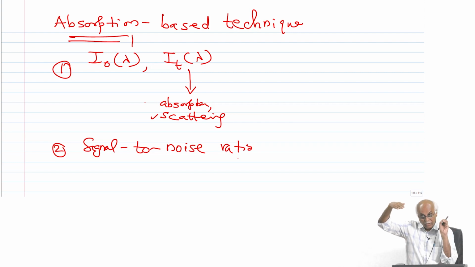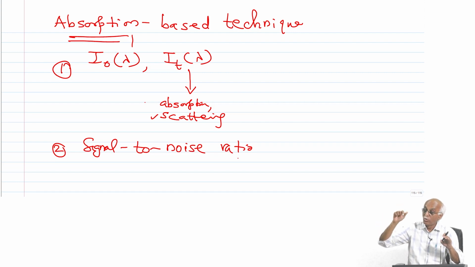Now, if there are a few molecules which are going to absorb this light by a small amount, the transmitted intensity will decrease by a small amount. So, your detector has to detect a small change in a large amount of intensity, which is challenging.